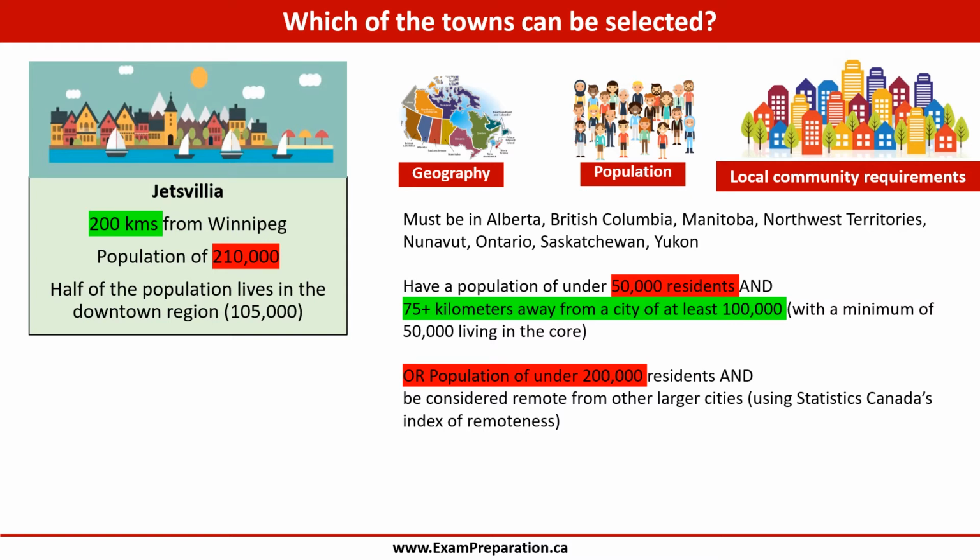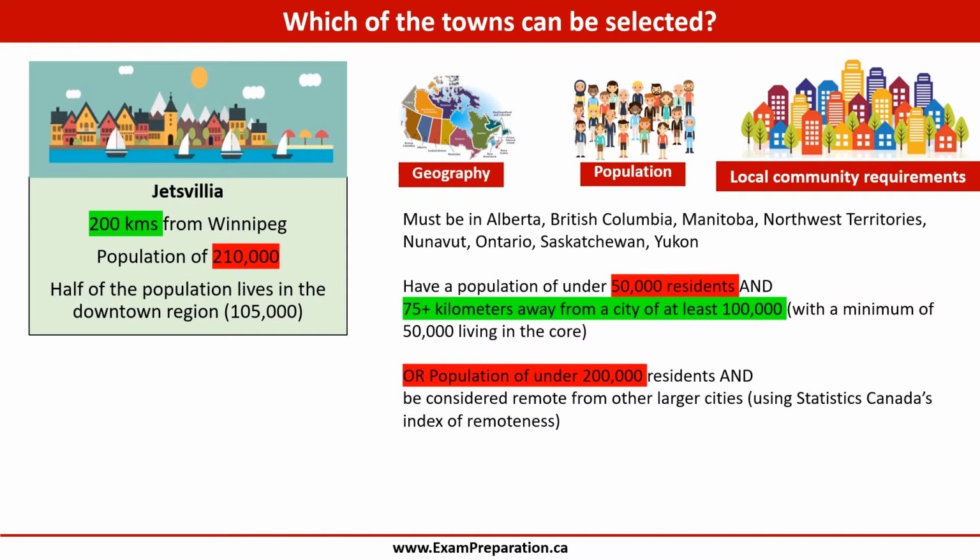All right, where this becomes very obvious though, so even though maybe we're not that clear with JETS Vilia geographically meeting those requirements, there's a pretty clear indicator that JETS Vilia does not meet the requirements of this program because of the population.